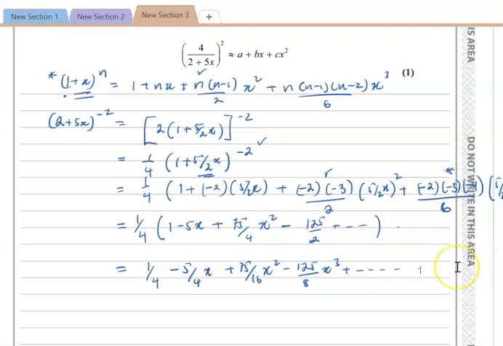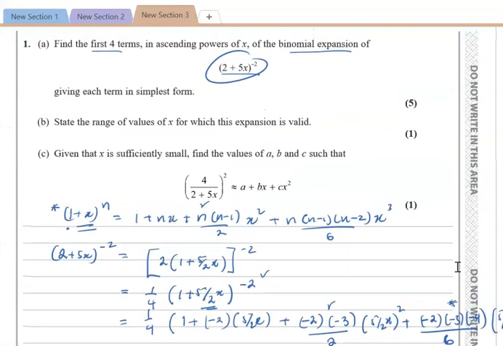The next part, part B, says to state the range of values of x for which the expression is valid. Remember, this binomial expansion is valid when the modulus of x is less than 1, or when x is between -1 and 1.